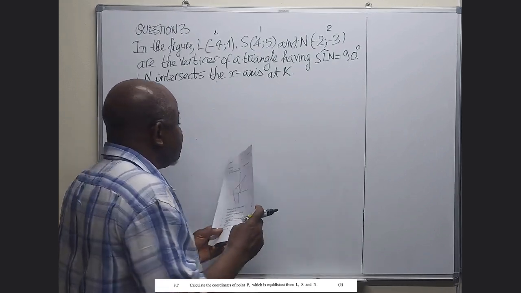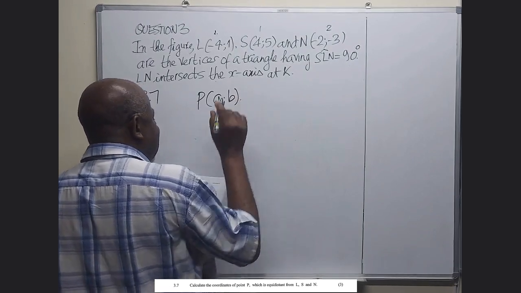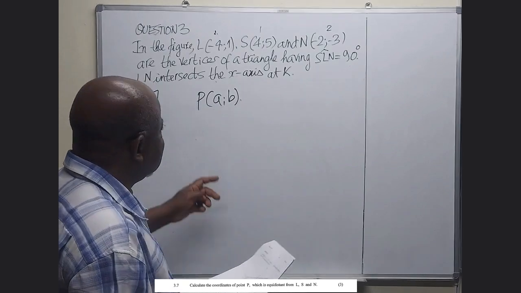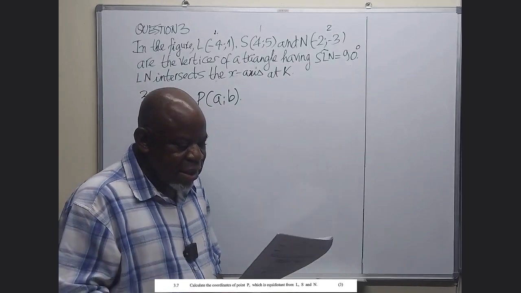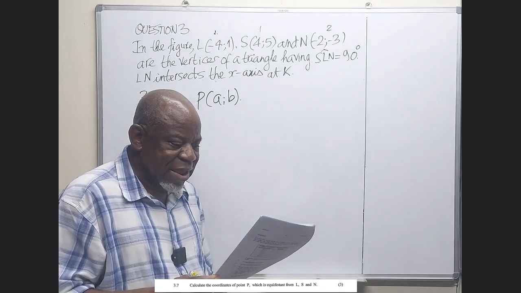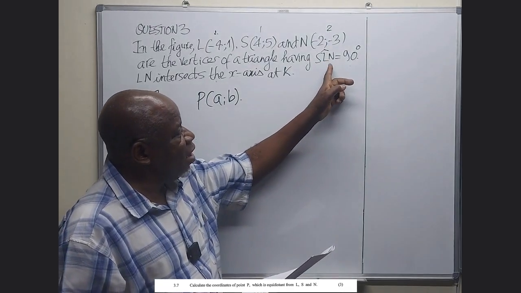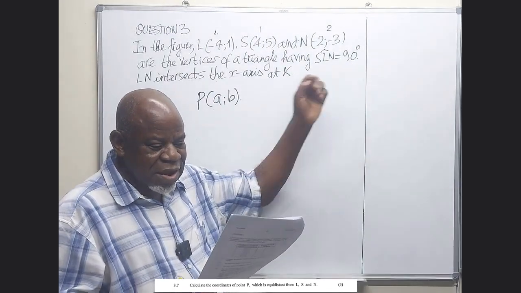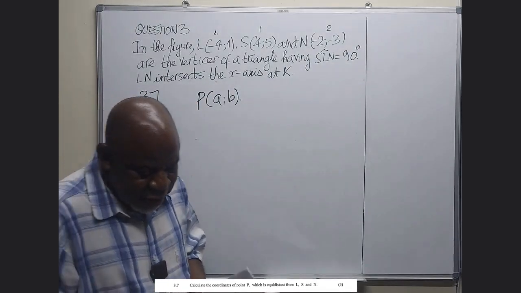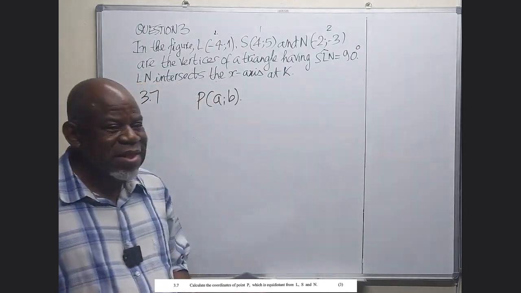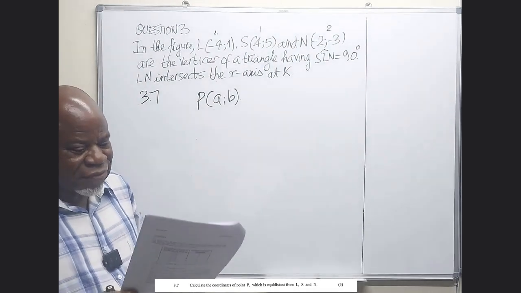Now, the coordinate of P, let's say, is A and B. We need to get the coordinate of P being A and B. So we know that angle SLN is equal to 90 degrees. Remember, we have seen in Euclidean geometry that an angle on a diameter is equal to 90 degrees.